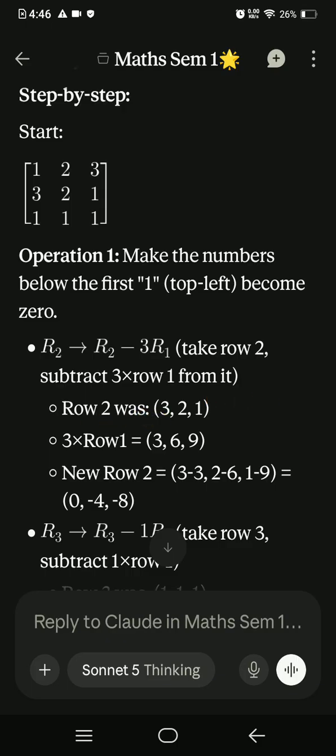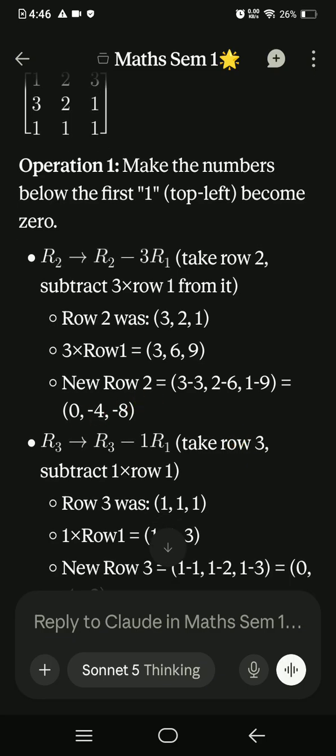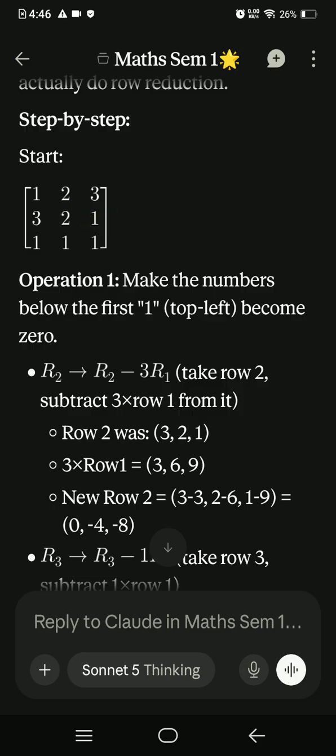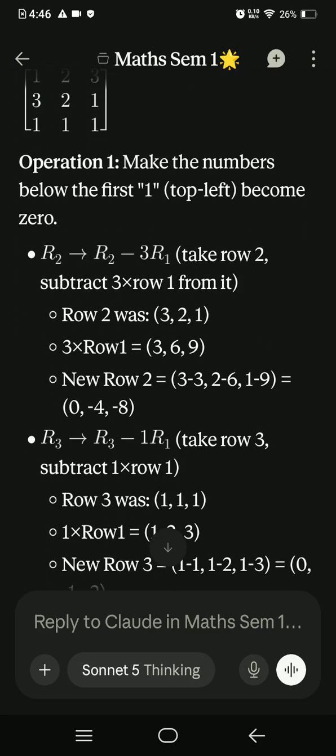So row 2 was 3 2 1. 3 times row 1 is 3 6 9. Now the new row would be 0, minus 4, minus 8. This will turn into 0 minus 4 minus 8. Now row 3 can be written as row 3 minus row 1.